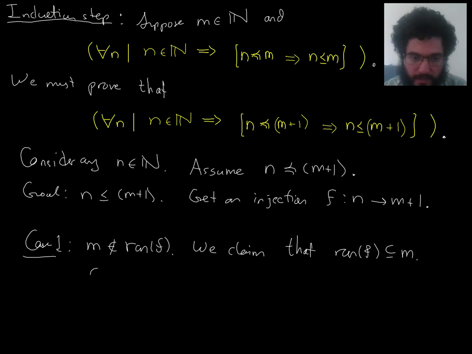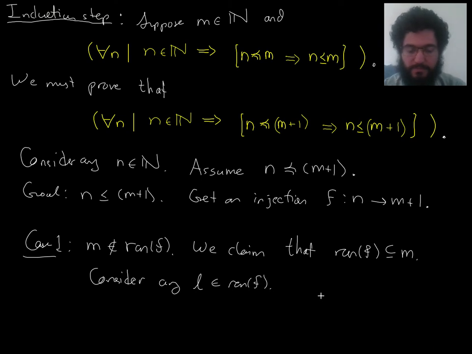To prove this claim, consider any element of the range of F. Let's call it L. Consider any L in the range of F. Then L is in M plus 1, since F maps N to M plus 1, the range of F is a subset of M plus 1, right?